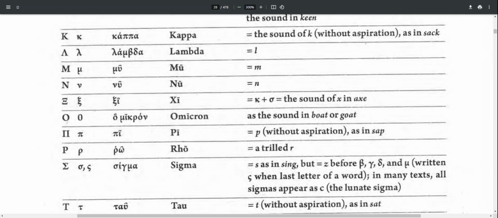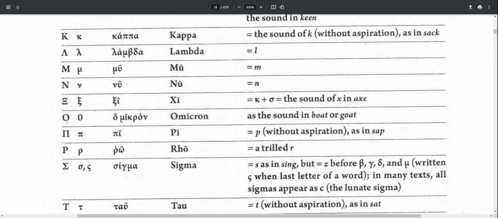The next letter is sigma. In sigma, when you have the small letters, you have two or more different kinds of sigma.